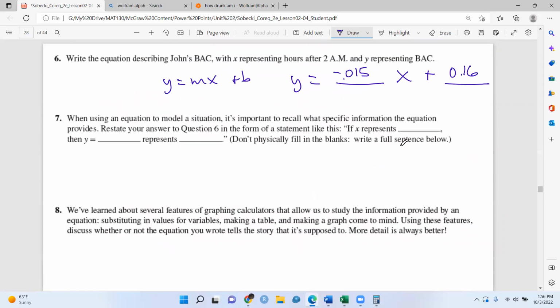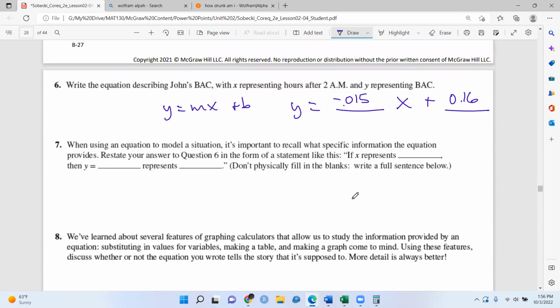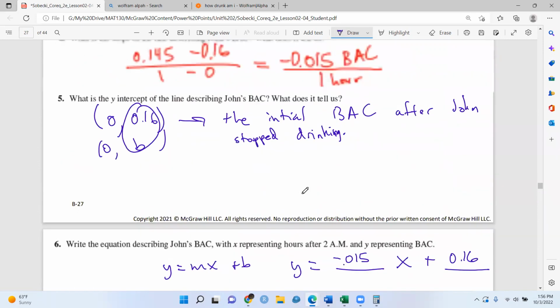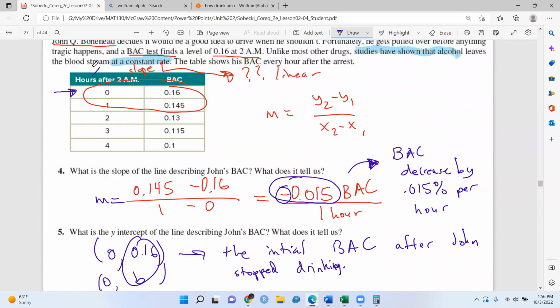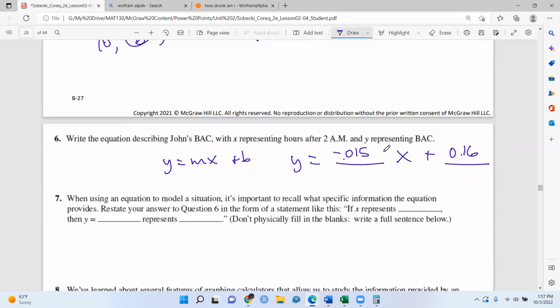So we're going to use our equation. We're going to restate your answer to question 6 and form a statement like this: if x represents blank, then y represents blank. Right? So x here is hours after 2 a.m. Y is the blood alcohol content.